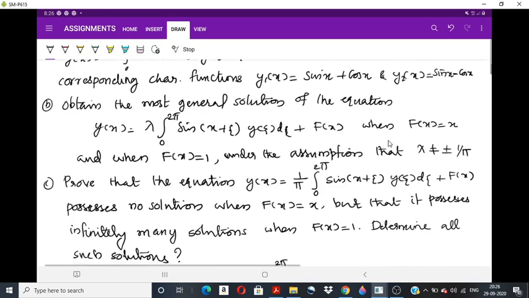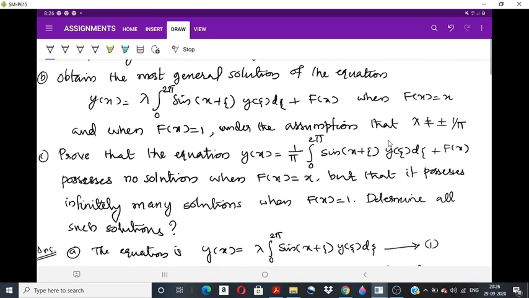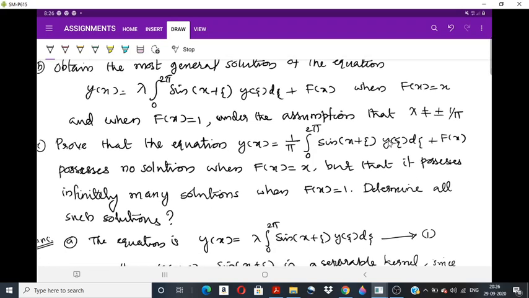Now the third part is to prove that the equation y of x is equal to f of x plus 1 by pi integral 0 to 2 pi sine of x plus theta y theta d theta, that means the non-homogeneous equation with lambda equal to the characteristic value 1 by pi, possesses no solution when f of x is the function x, but it possesses infinitely many solutions when f of x becomes 1.